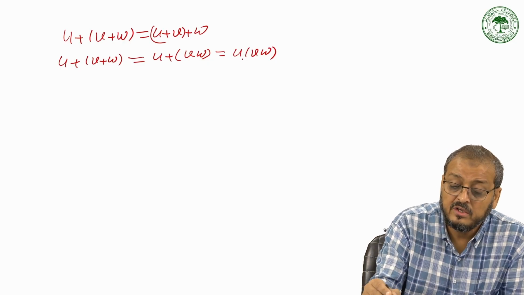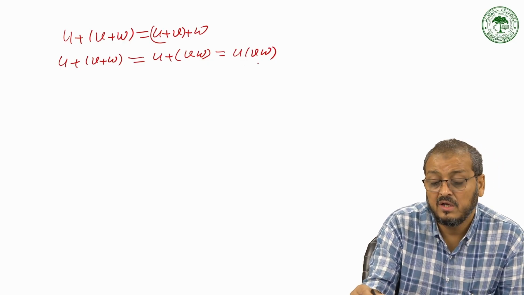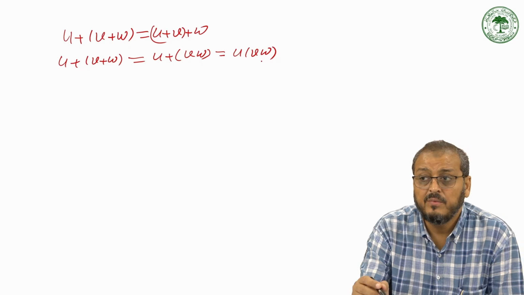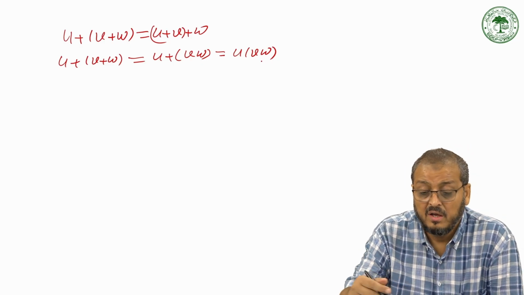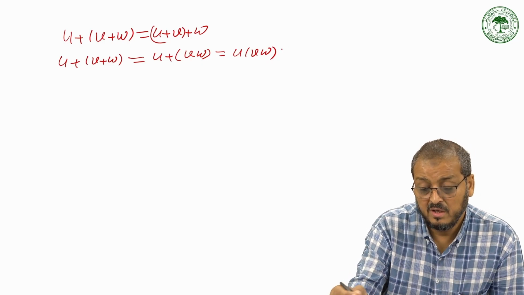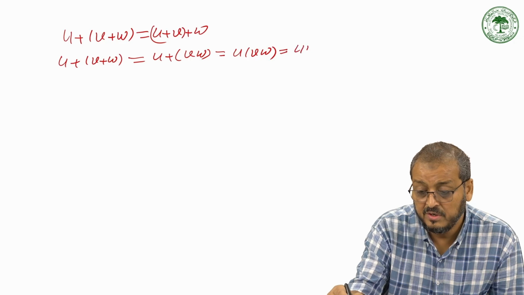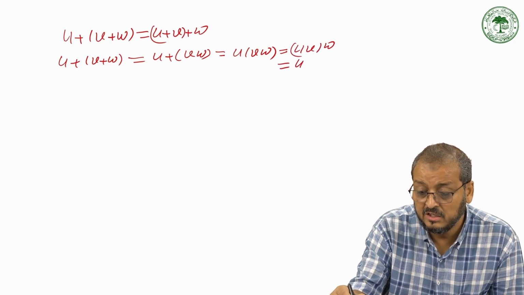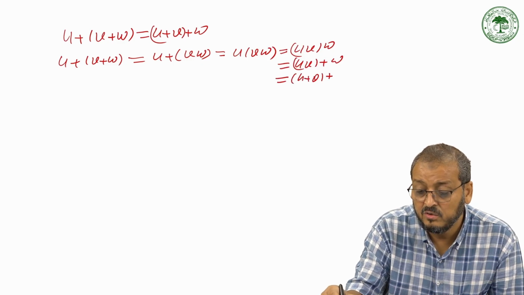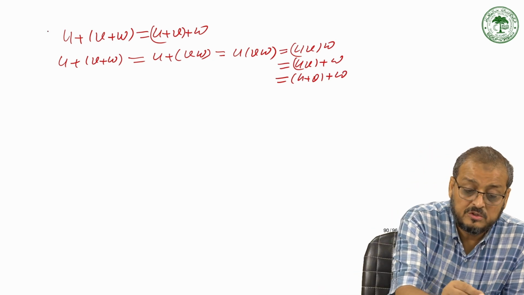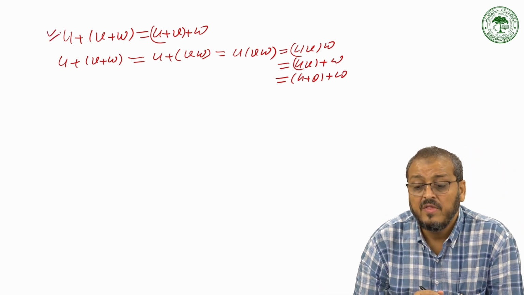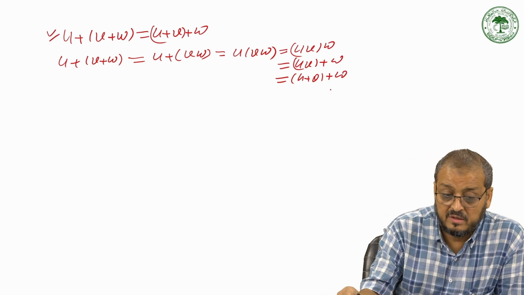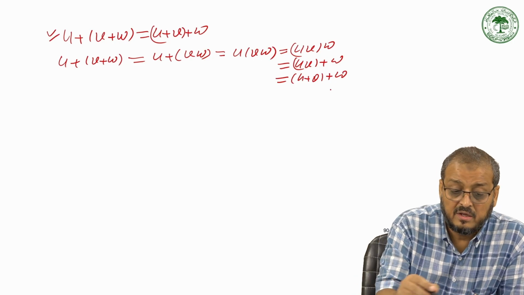You know that u, v, w are all positive real numbers, and positive real numbers under multiplication are associative. This can be written as uv times w, which is uv plus w, and uv can be written by the definition as u plus v. So clearly this is associative under addition.